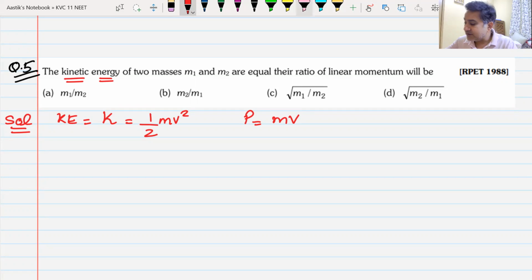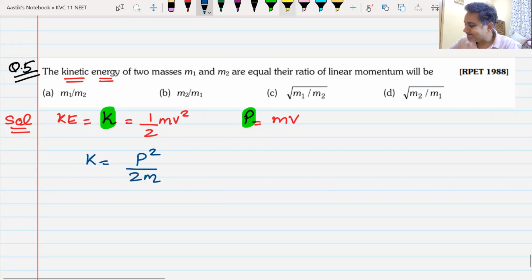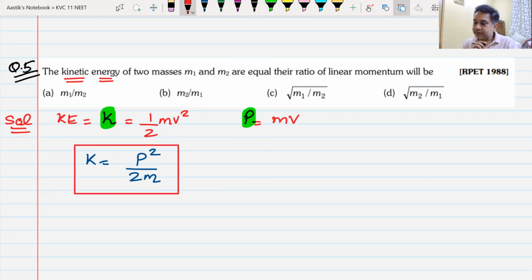We can find out a relation between kinetic energy K and momentum P. I can write kinetic energy as P square divided by 2m, kinetic energy in terms of momentum.